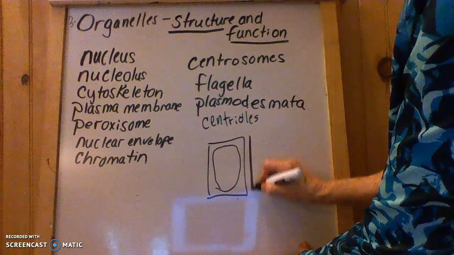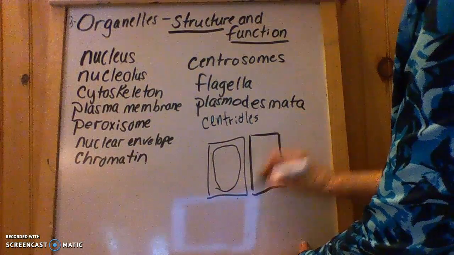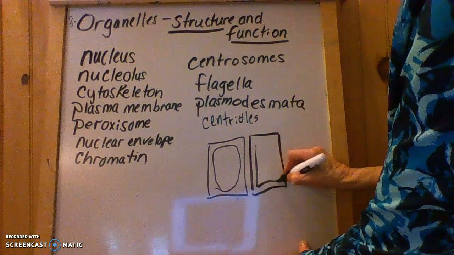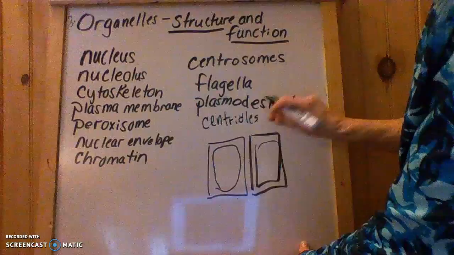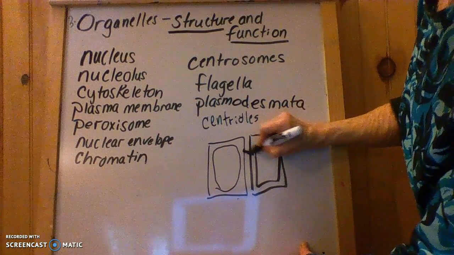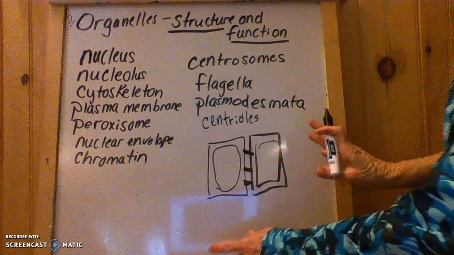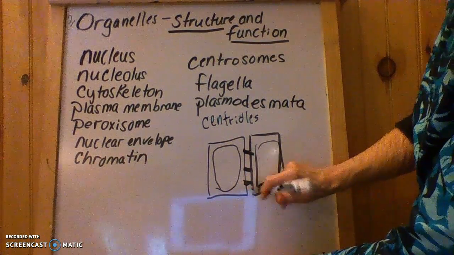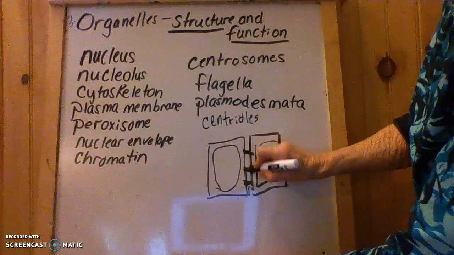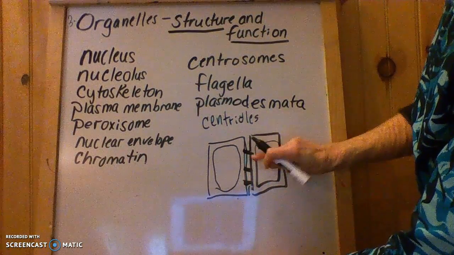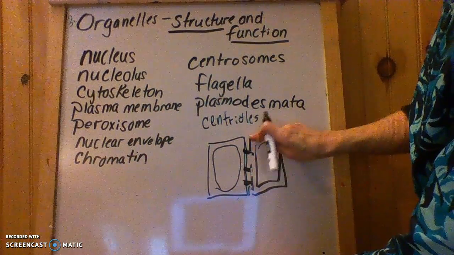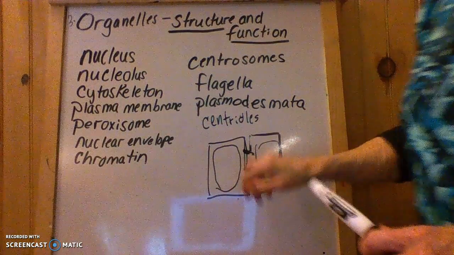And here I have my neighboring plant cell, again with the same sort of structure. Well, the plastodesmata is how they are attached to each other, anchored together. It's a channel, and I've drawn these quite far apart, and actually they would be very close together. It would be something more like this. And they are responsible for attaching and holding those cells together.